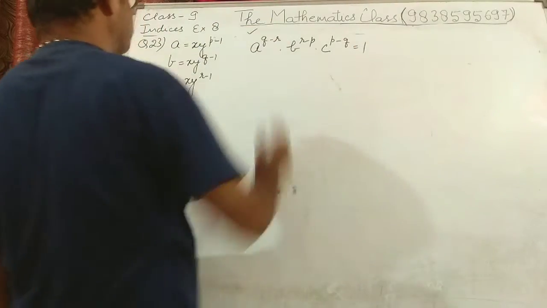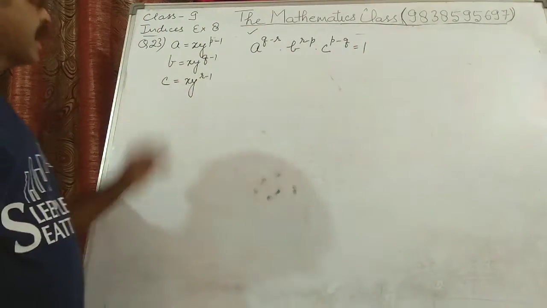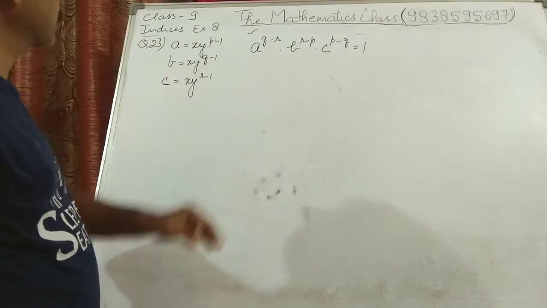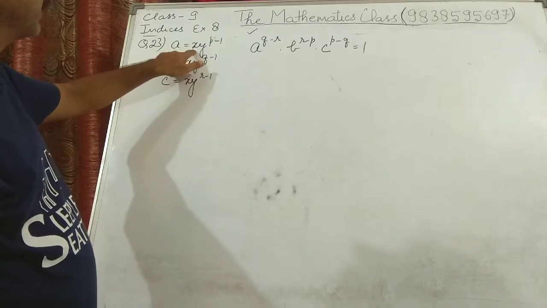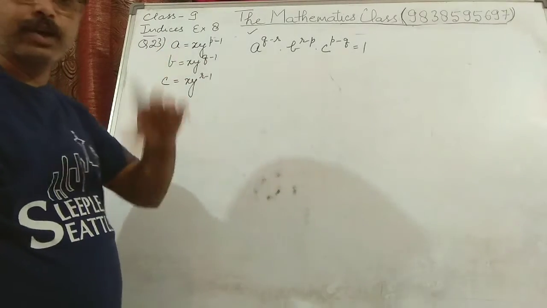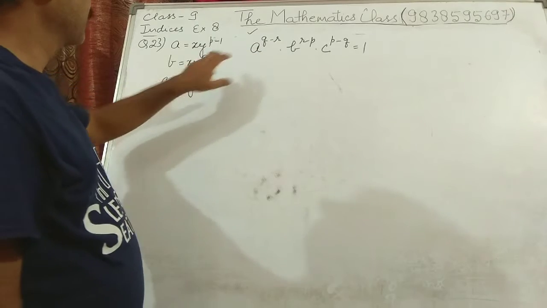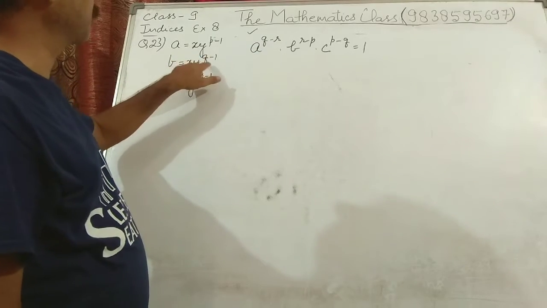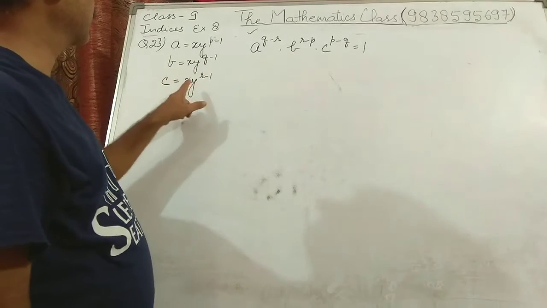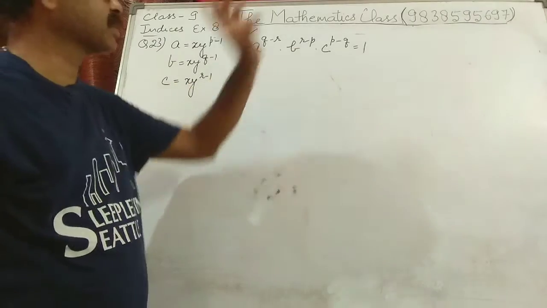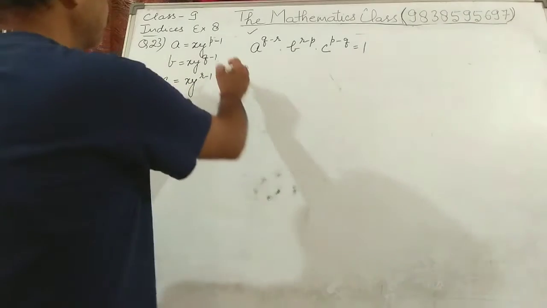This is what we have to prove and this is given. I think this is the easiest question. You know the value of A, so you can substitute the value of A, the value of B as XY to the power Q minus 1 in B, and the value of C in this, and just solve it out. Let's see.